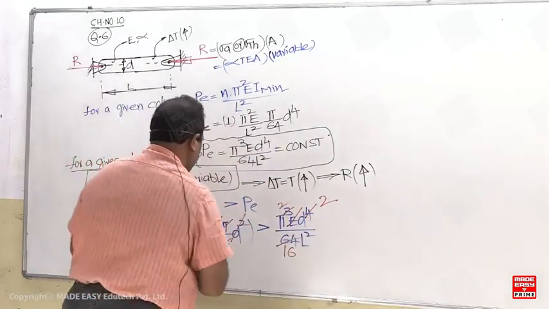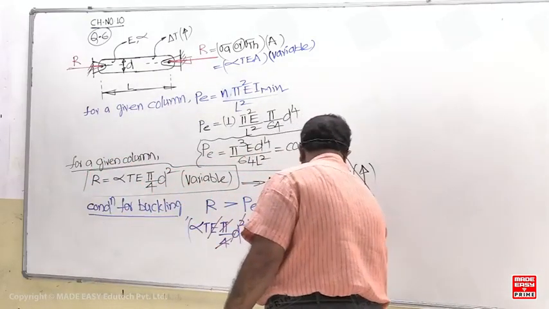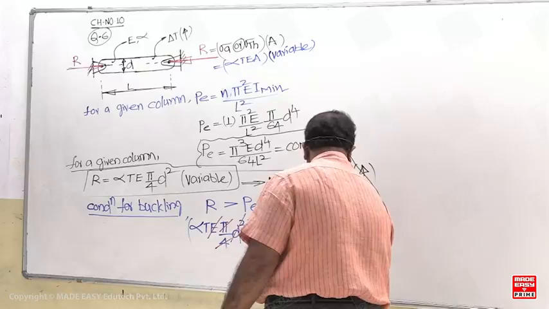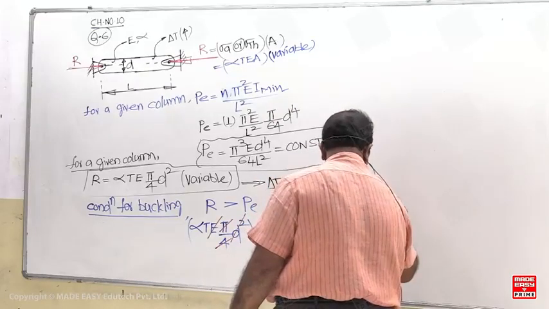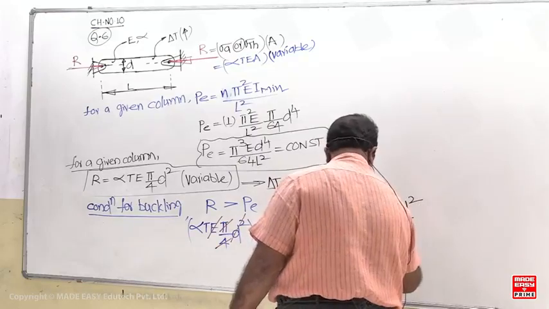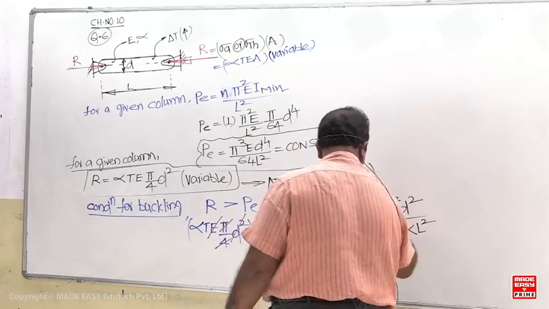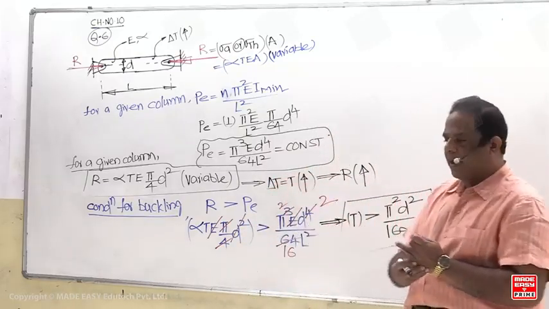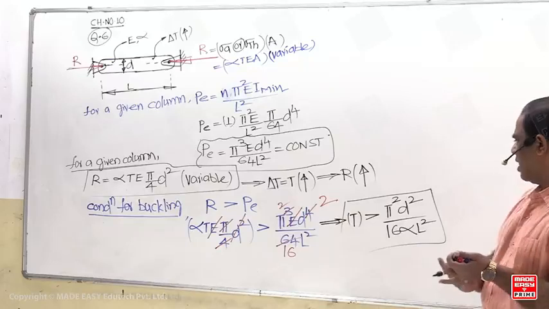So from this, what is T now? Here T is nothing but the change in temperature. T equals pi square D square upon 16 alpha L square.